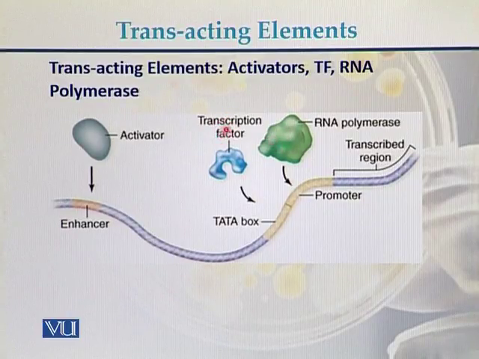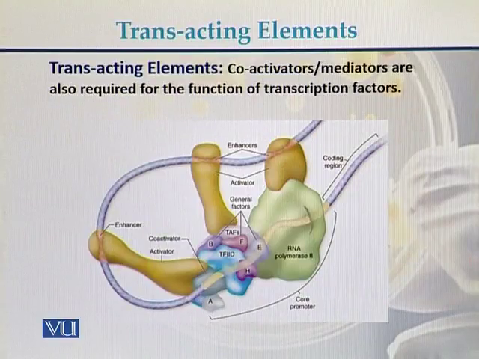Transcription factors that bind to the promoter region or TATA box are also called trans-acting elements. So trans-acting elements can be activators, transcription factors, or RNA polymerase. All these are called trans-acting elements.